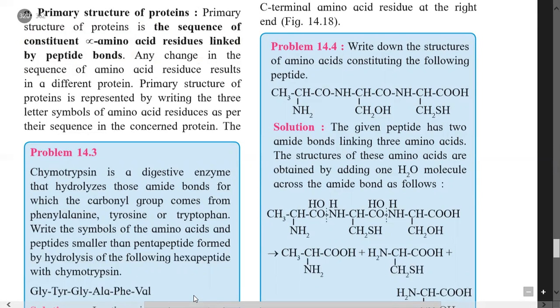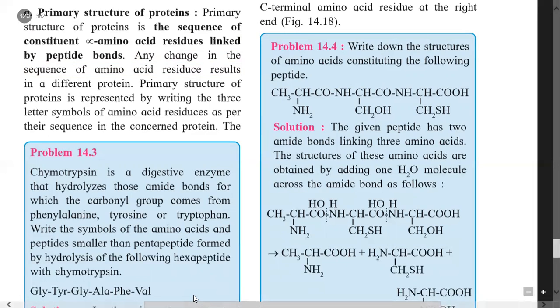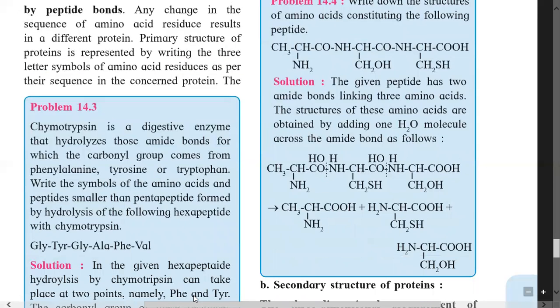Any change in the sequence of amino acid residues results in a different protein. So if there is a change in the sequence of amino acids, then the protein will be changed. So the structure of protein is very important.